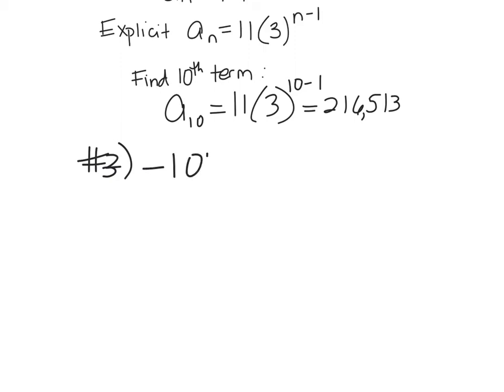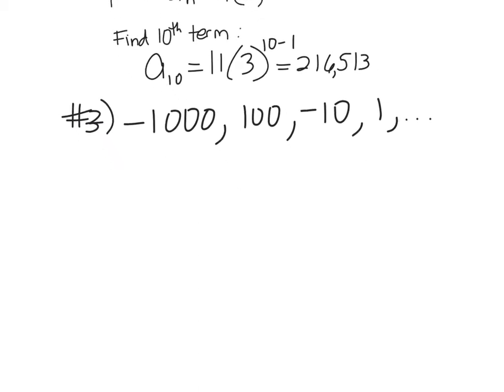Negative 1,000, 100, negative 10, 1, and so on. All right, so we have an infinite sequence here. It goes on forever and ever and ever, never stops. And I want to write a recursive formula for this and an explicit formula.